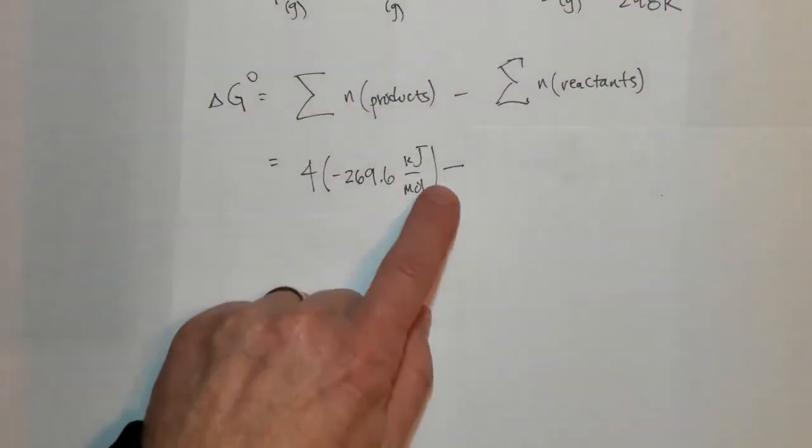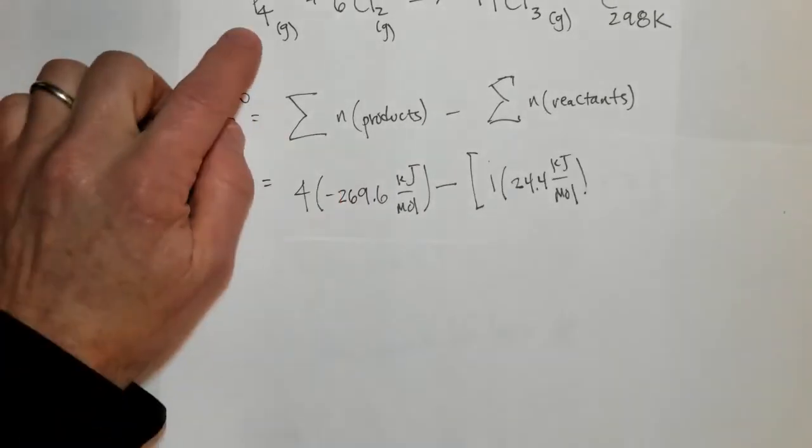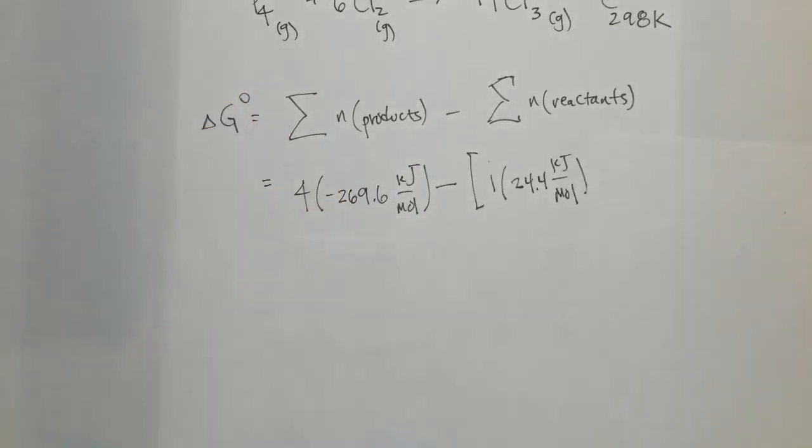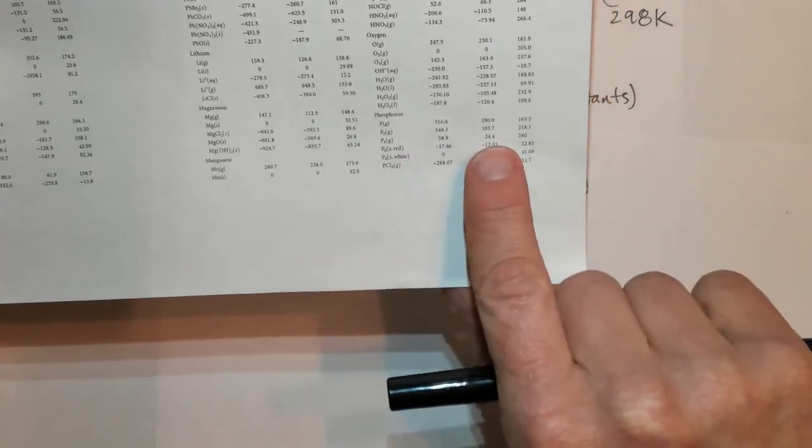I subtract from that the reactants, and one of the reactants is phosphorus, P4 gaseous. P4 gaseous would also come from here underneath phosphorus, right over here in this corner. And it's P4 phosphorus in the gaseous phase, so it's 24.4.